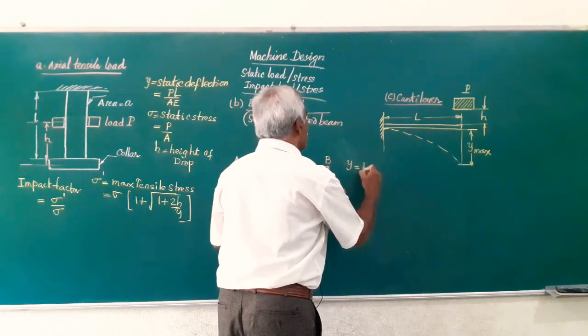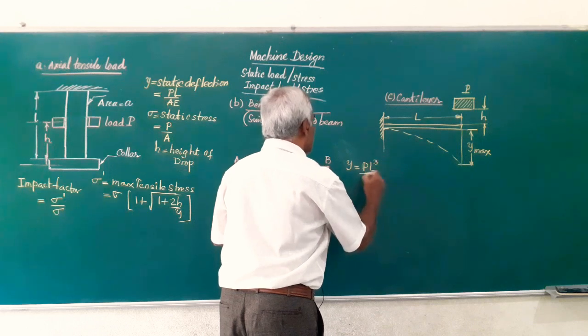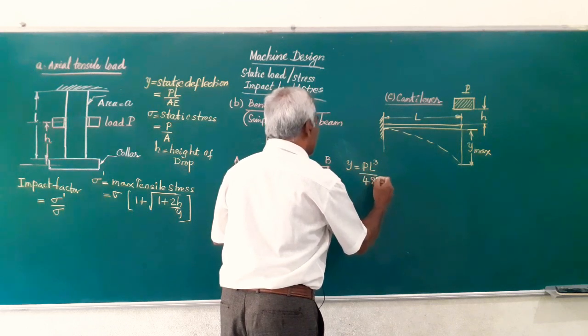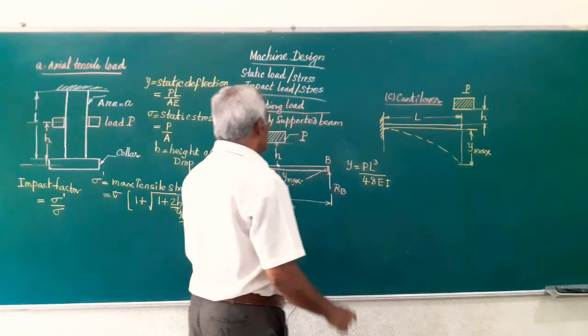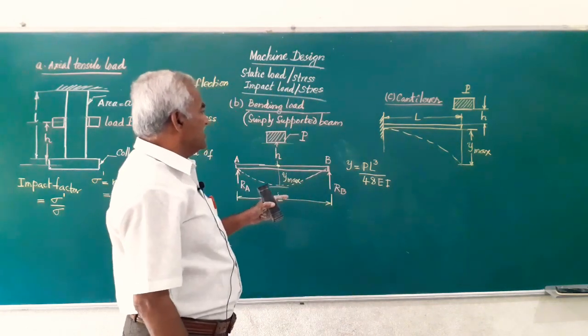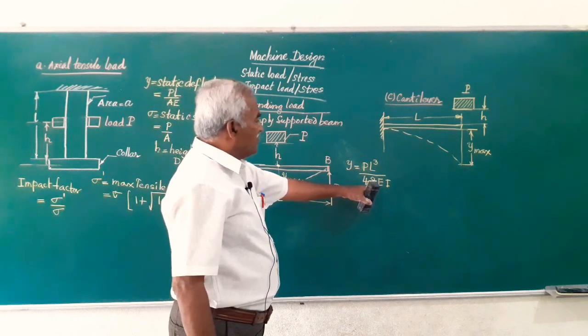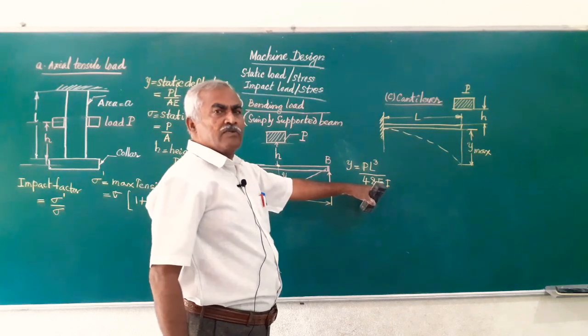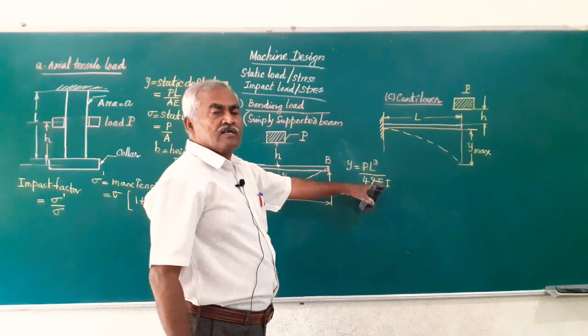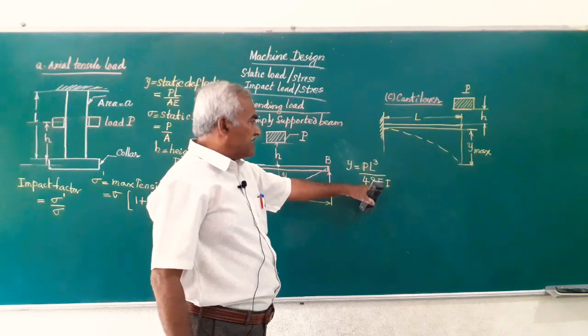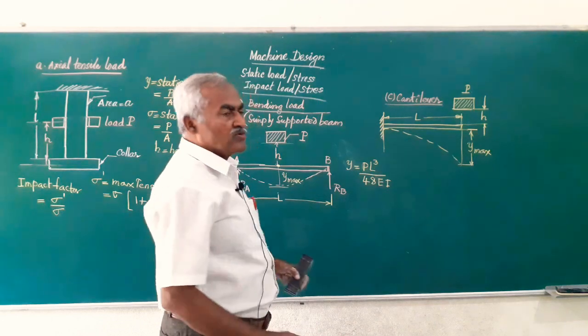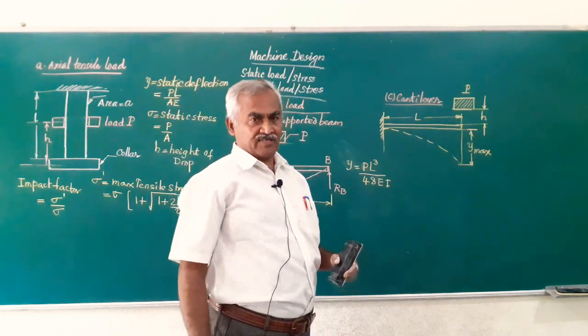Friends, here this P is the load that is dropped from the height and L is the length of the member, 48 is a constant, E is the material property, that is, modulus of elasticity or Young's modulus, I is equal to the moment of inertia of the section.